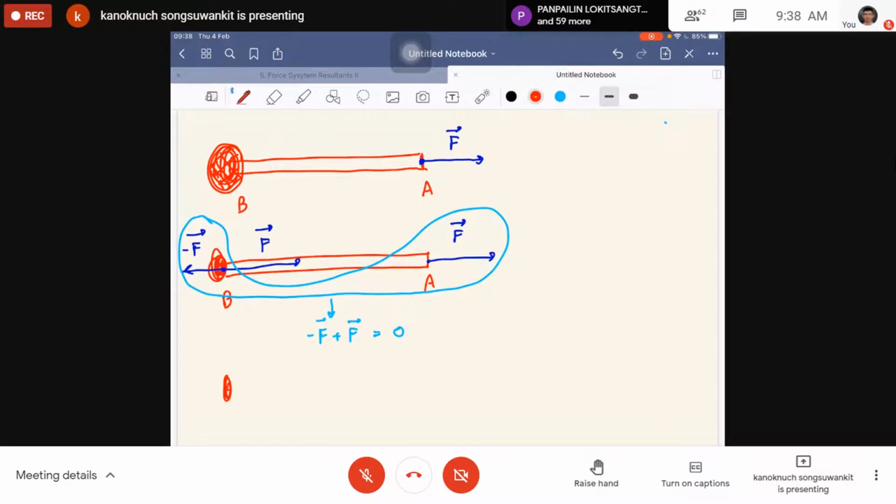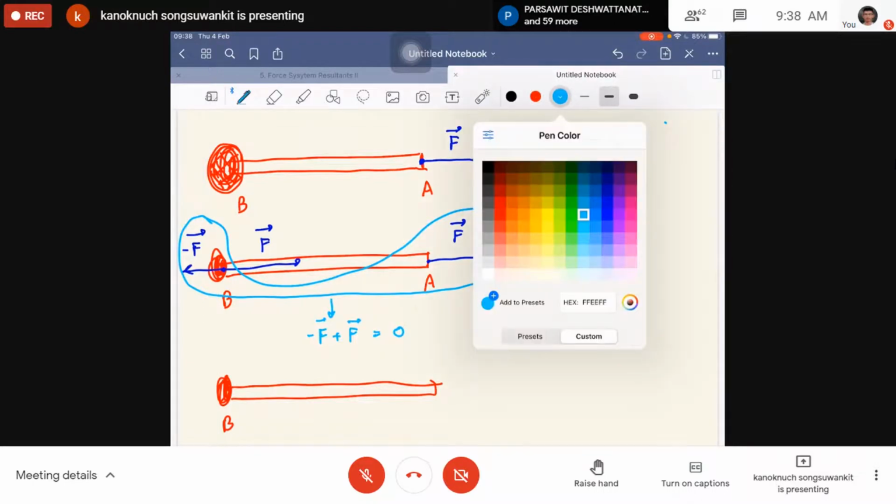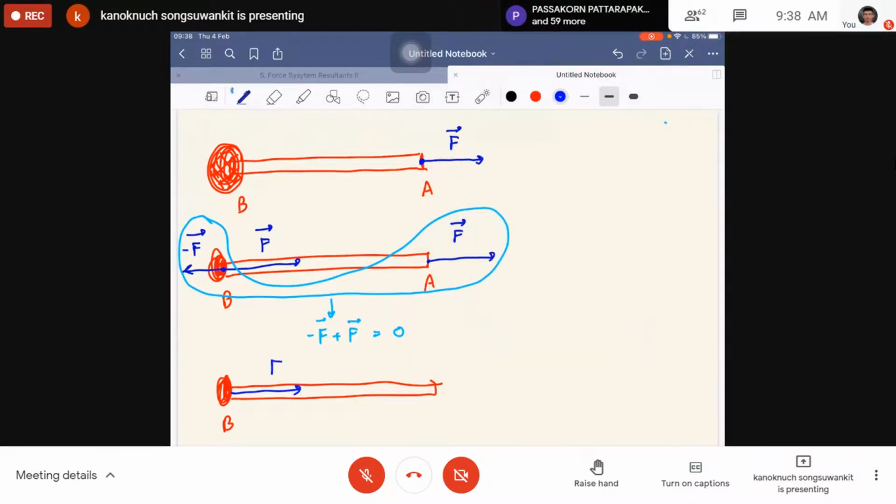Then finally, we have only one force F left at point B. So from the first step, the force was located at point A, and finally, the force is located at point B. The condition is that points A and B must stay on the same line of action.